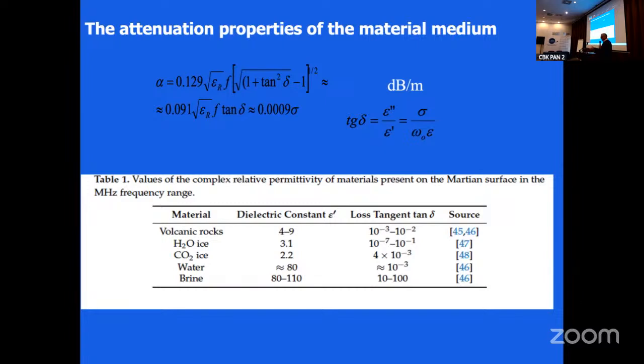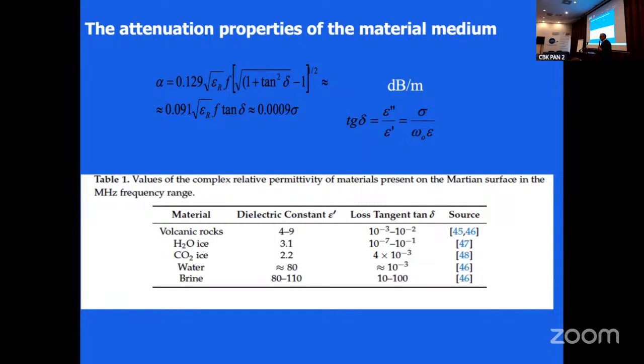And here you have the values which we have for this kind of material. What is important to see here is that for the materials I showed, the loss tangent is low. It's 10 to minus 2, 10 to minus 3. Of course, for brine it's not true, because brines are very conductive.